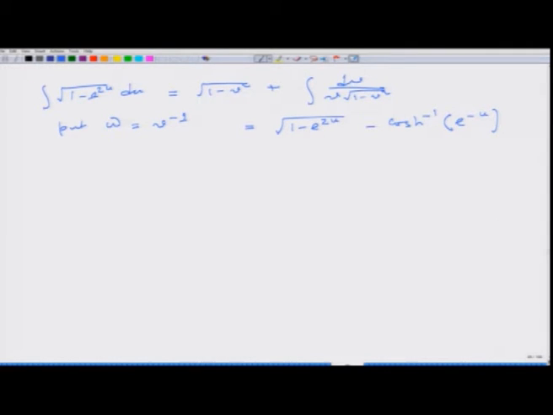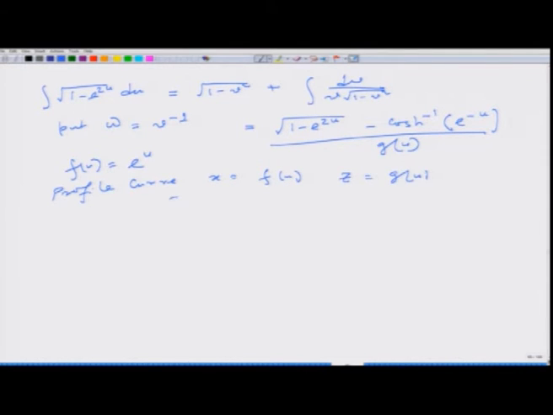So, what do I get? My f u is e power u and g u is this. So, in the profile curve, if I put x equal to f u and z equal to g u, then z is actually root over 1 minus x square minus cos hyperbolic inverse 1 upon x.